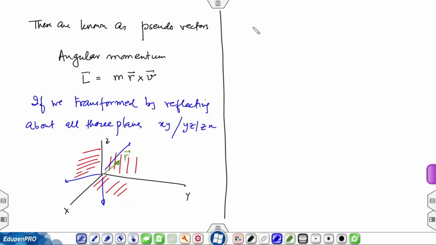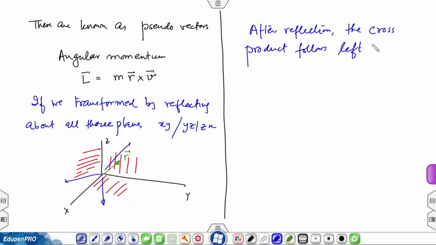So, after reflection, the cross product follows left hand rule for direction.